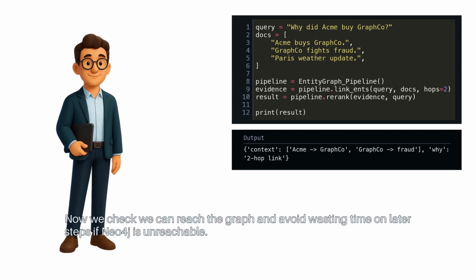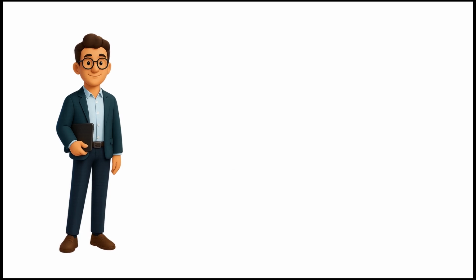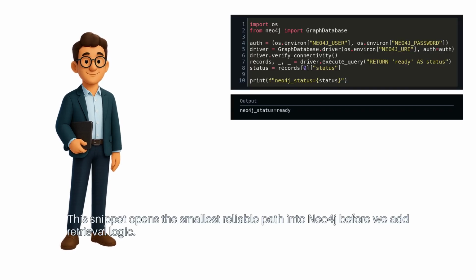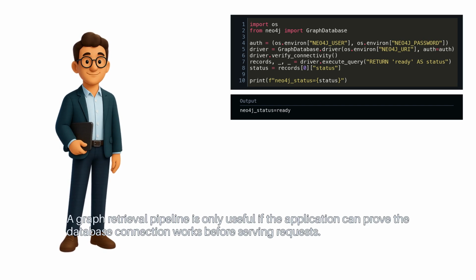Now we check we can reach the graph and avoid wasting time on later steps if Neo4j is unreachable. This snippet opens the smallest reliable path into Neo4j before we add retrieval logic. A graph retrieval pipeline is only useful if the application can prove the database connection works before serving requests.